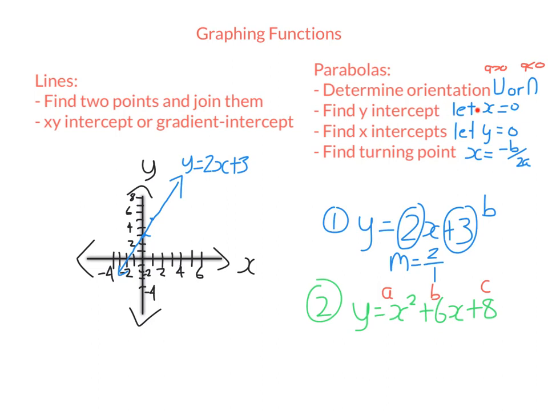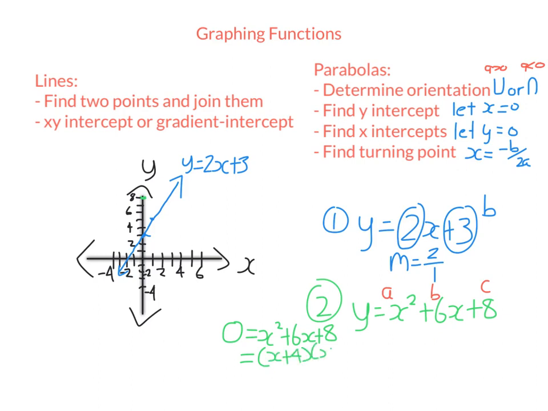Next, we find the y-intercept by letting x equal 0. So if x equals 0, y would just be 8. So the y-intercept is 8. To find the x-intercepts, what we need to do is let y equal 0. So we've got 0 equals x squared plus 6x plus 8. You can use the quadratic formula for this one if you want, but it's probably easiest to factorize.